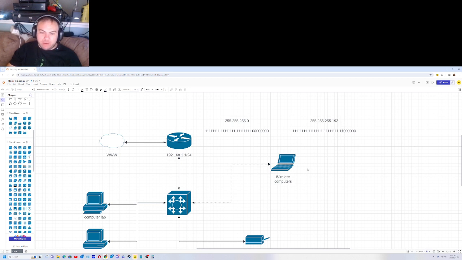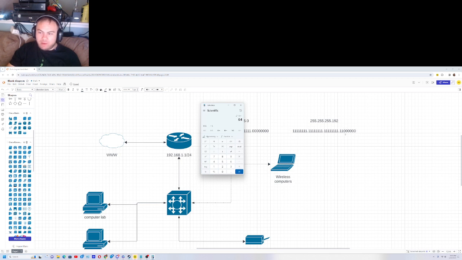Next up, we have to think, what's the possible count of devices that will be on each one of these subnets? The answer is, how many zeros do we have? We have 1, 2, 3, 4, 5, 6. So the math equation is we take 2 to the power of 6 zeros, so 2 to the power of 6, and that will equal 64.